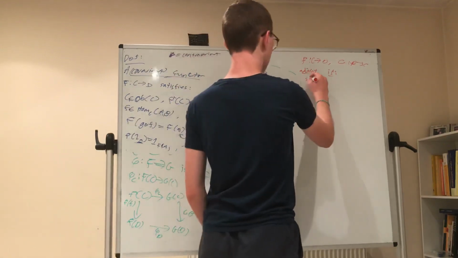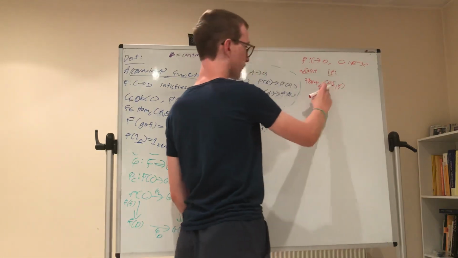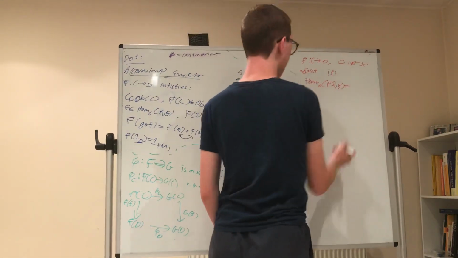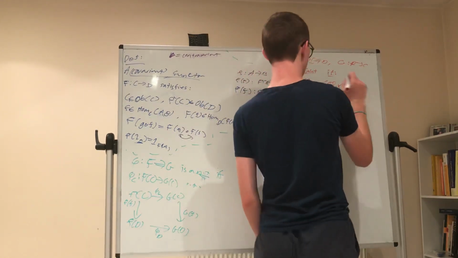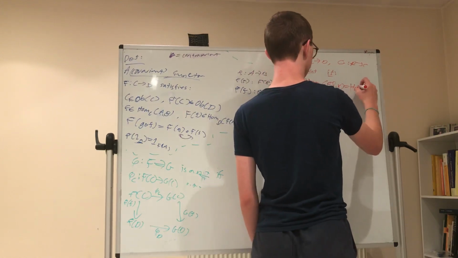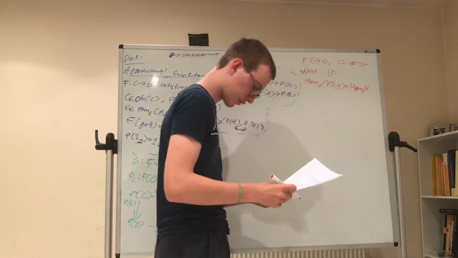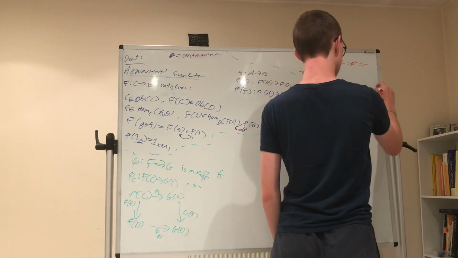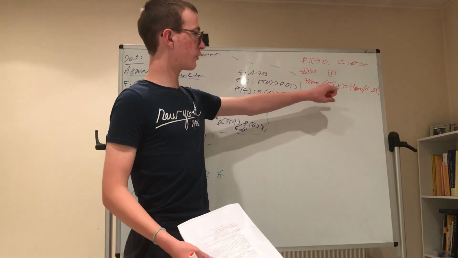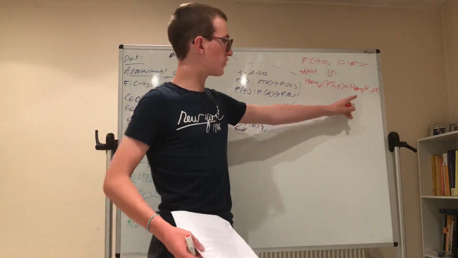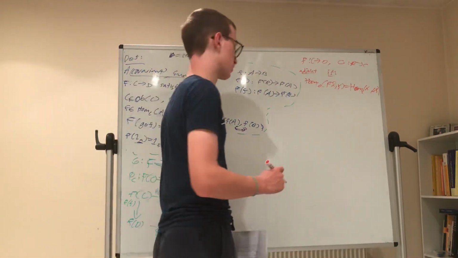If we do Hom D of Fx, Y, so if we go from Fx to Y, maps of this form are in bijection with maps Hom C of first going X and then Gy. So if we act with F on the left, that is essentially the same as acting with G on the right. For example, the tensor Hom adjunction.